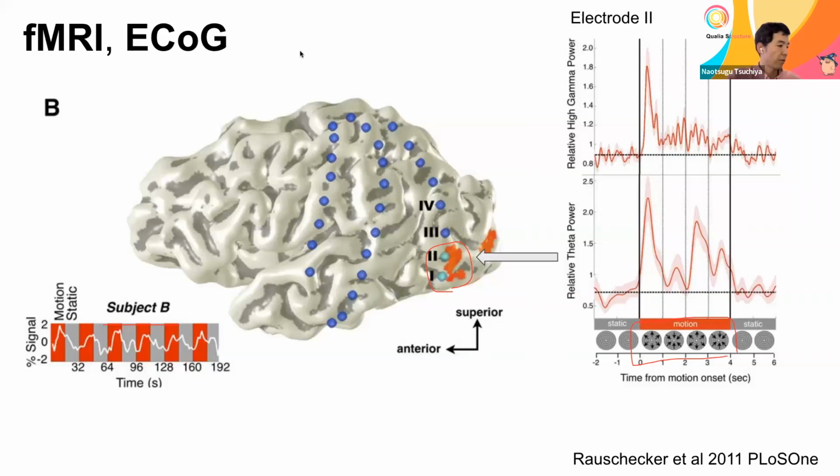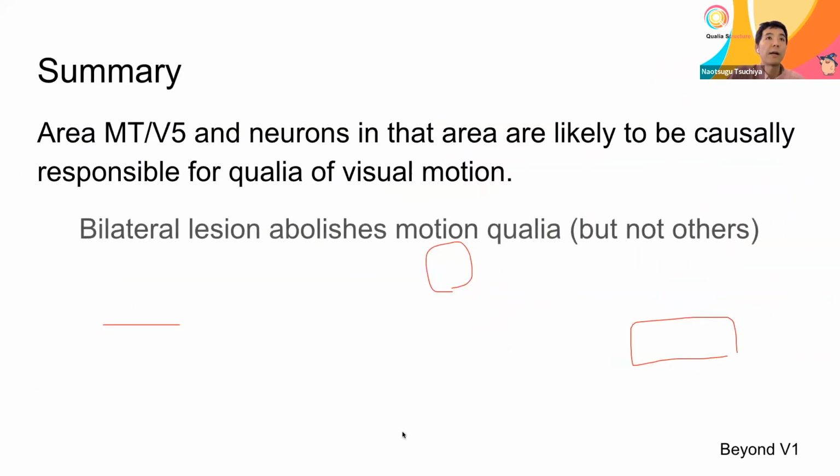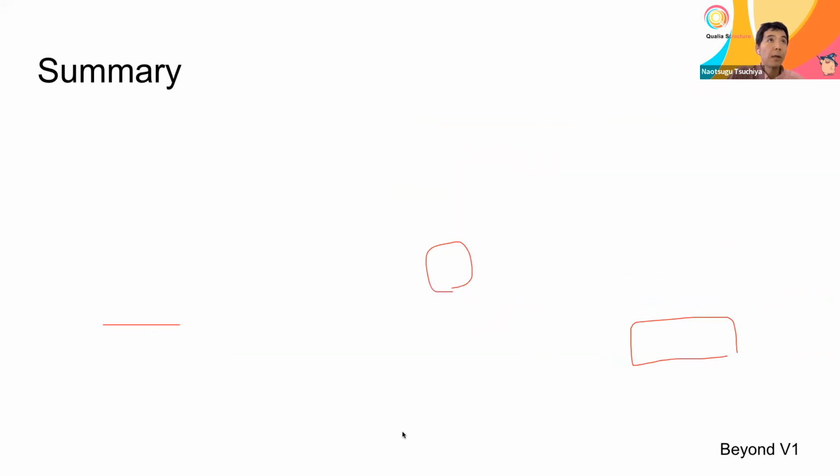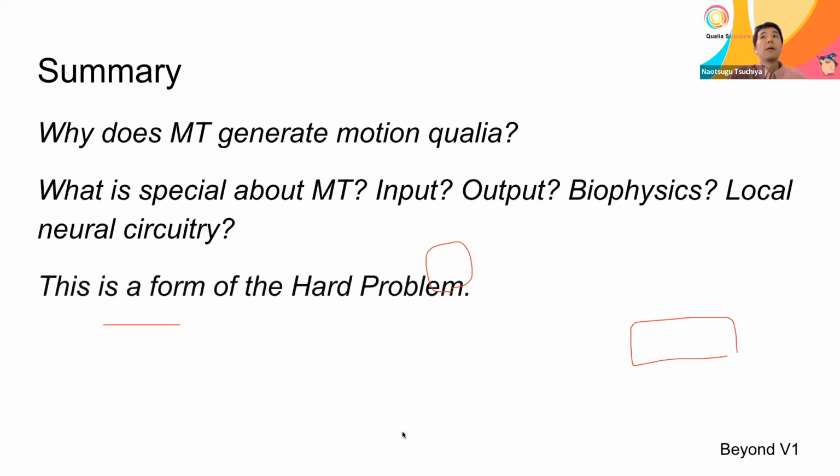Okay, hope it's okay. All right, moving on. So to just come back, the local circuitry of the MT may be different from other areas of the brain, and that could be potentially related to this specific experience of the visual motion.